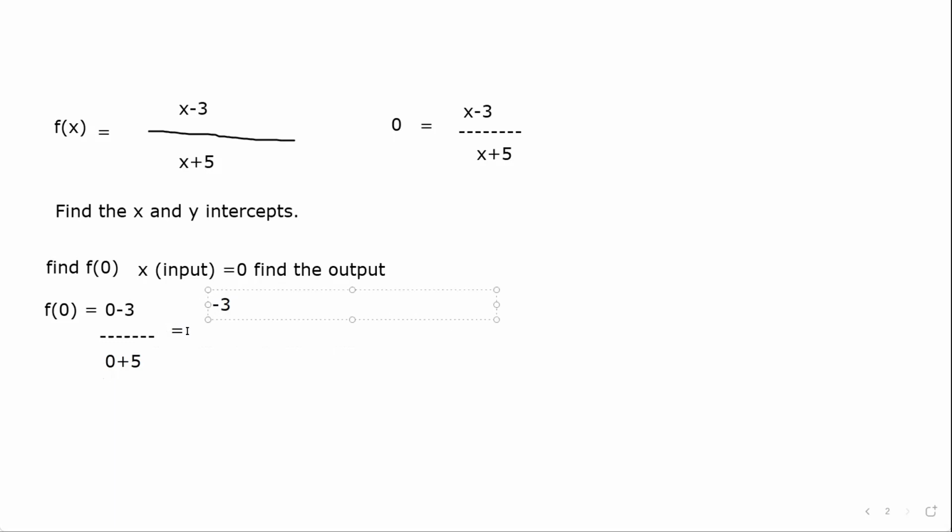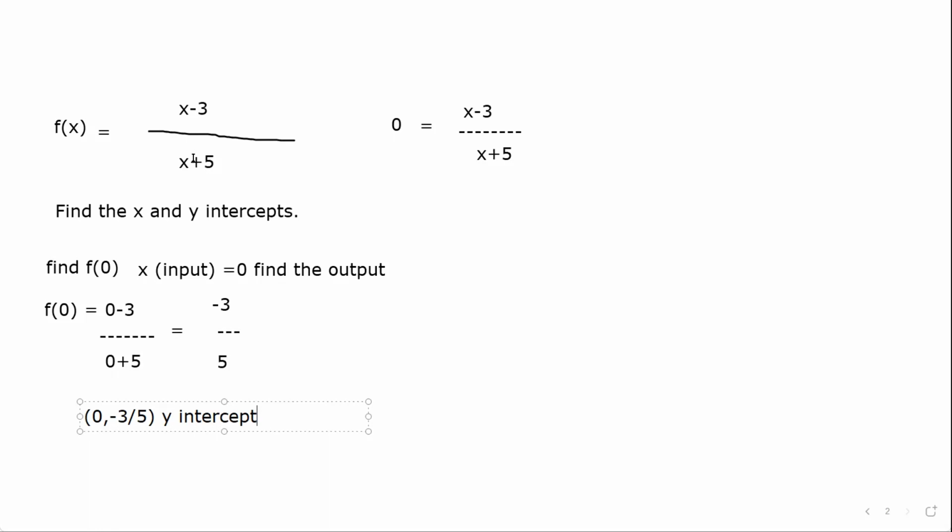Now that point is going to be 0 and negative 3/5. So that point is going to be my y-intercept when I do that. If I put 0 in for my input, I'm going to get where it crosses the y-axis.